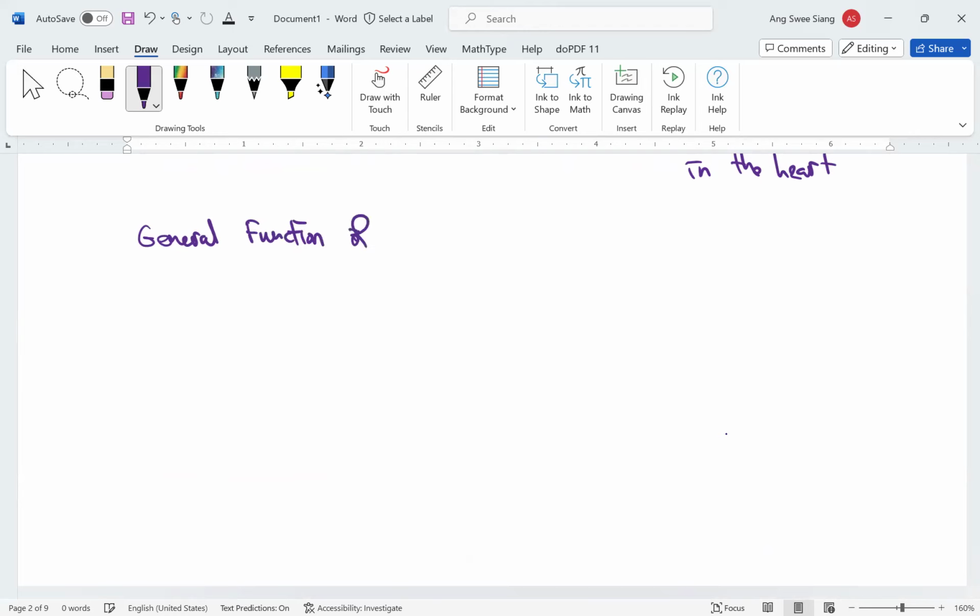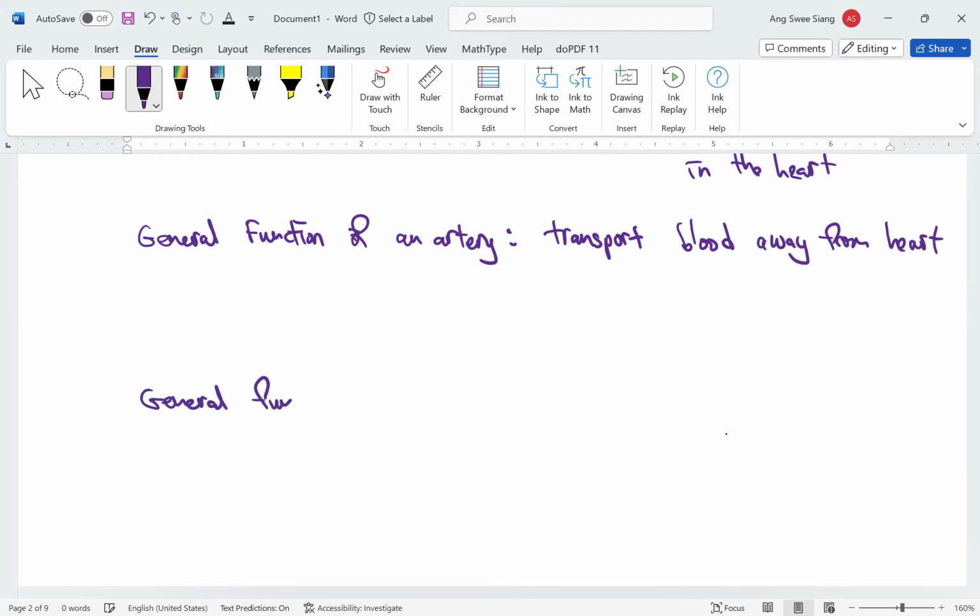So the general function of an artery: transport blood away from the heart. The general function of a vein: transport blood towards the heart.